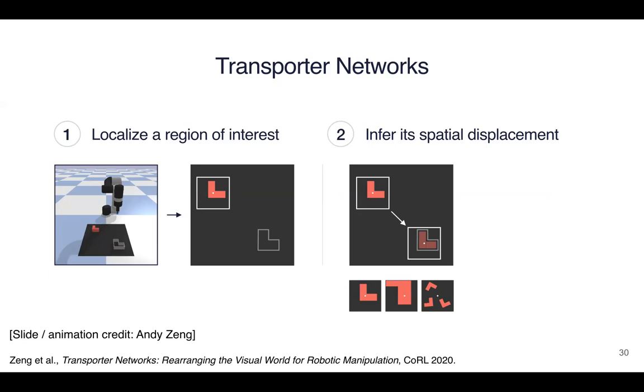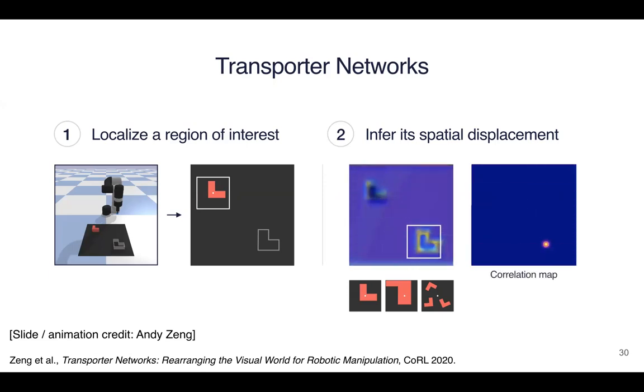One way that we might be able to implement the spatial displacement is by defining 2 continuous control values, delta x and delta y. Transporter Network does not do this. Instead, what it does is it directly takes visual features and does a brute force sliding search across all the possible placing displacement points.